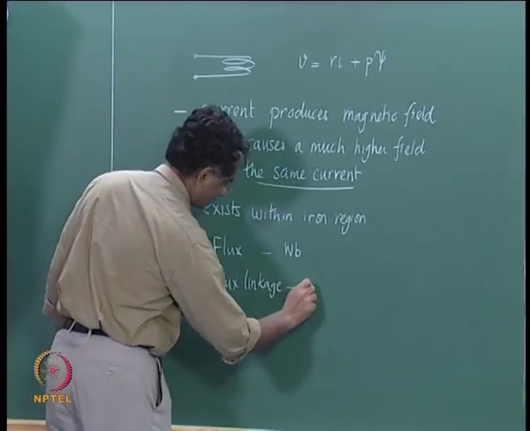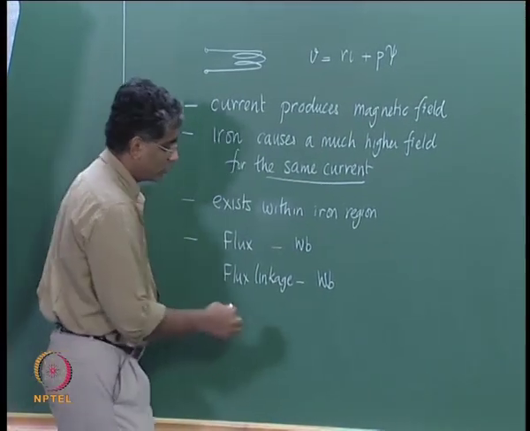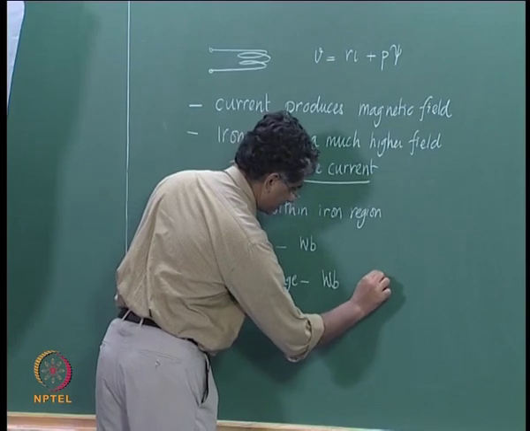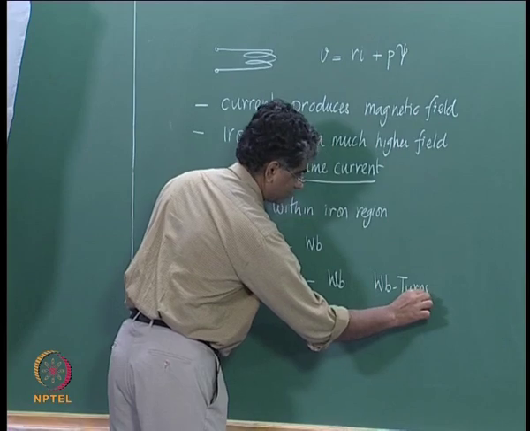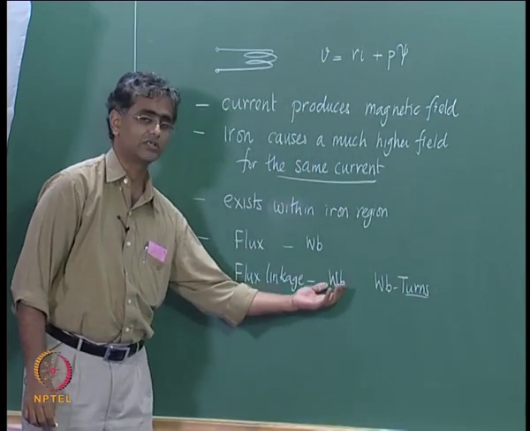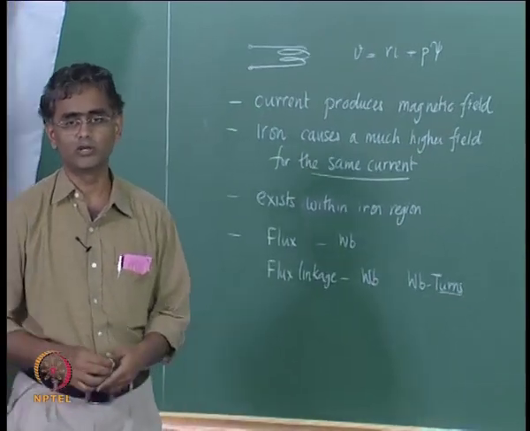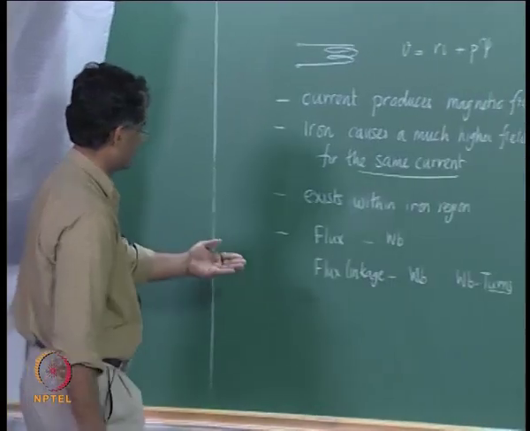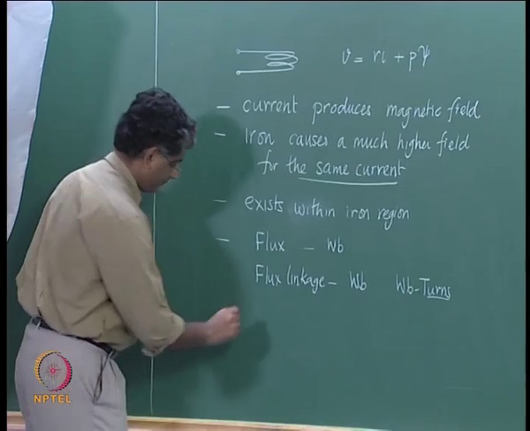So that is still Weber, or to be more explicit, sometimes it is written as Weber turns. Turns is not an SI unit, so strictly the SI unit is Weber, but one can say Weber turns to be more explicit. To distinguish flux linkage from flux, one may call it Weber turn.